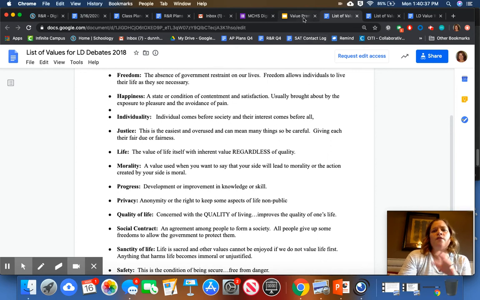The idea behind the value premise, though, is that each value premise that I choose should be connected to the contentions that I use later in my debate. So contention 1 maybe will be connected to value 1.